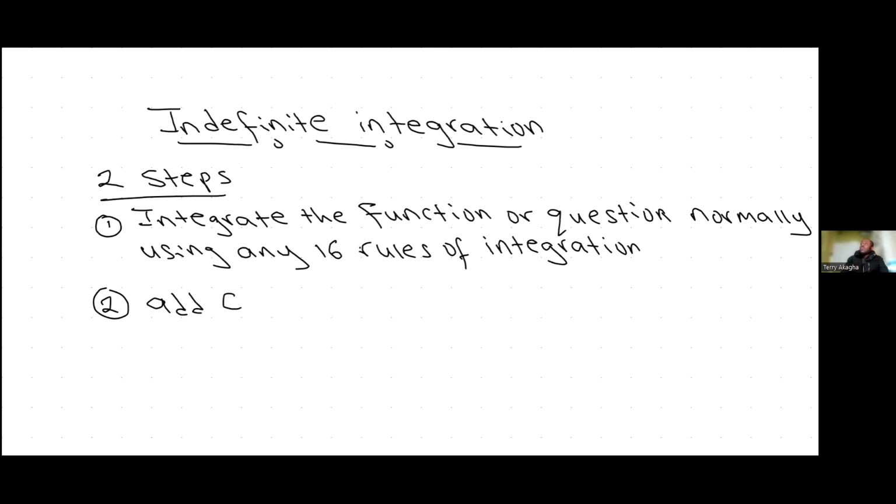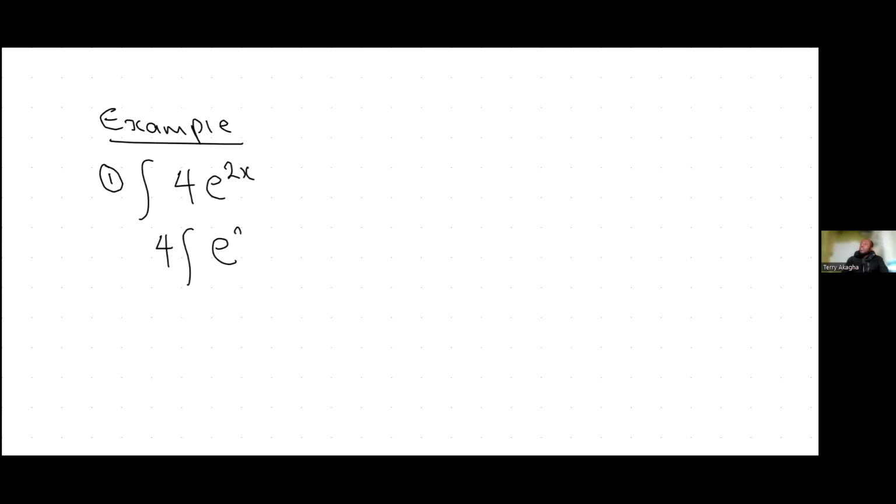So let's assume number one. Example. Let's say we're told to integrate 4 exponential 2x. As usual, I've told you that you bring out a constant and your exponential 2x. And how do you integrate this? You differentiate the power and divide by it.